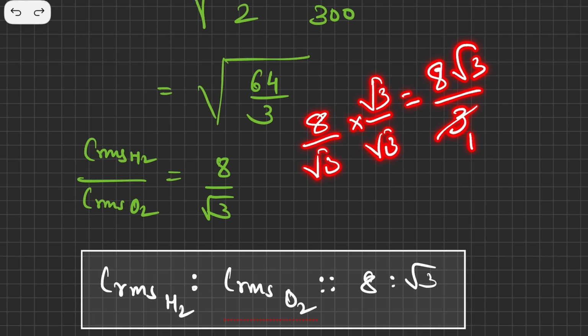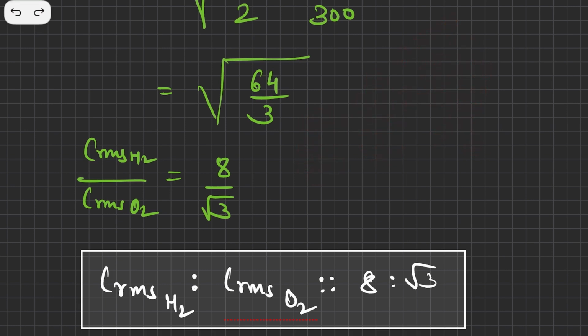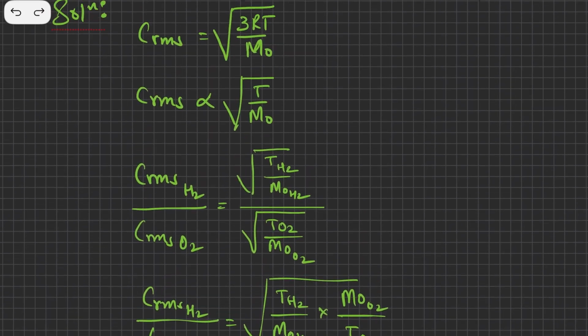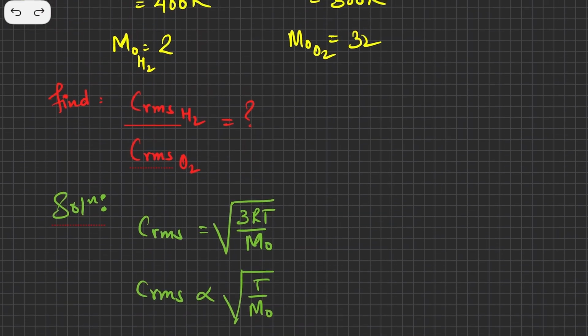Now I'll cancel this, and root 3's value I can put as 1.732. In case your board demands logarithmic calculation, you can just apply logarithm and you can get a perfect value. But anyway, this is what it is. Conceptually, things are sorted.